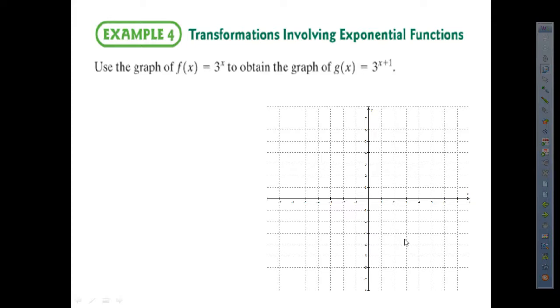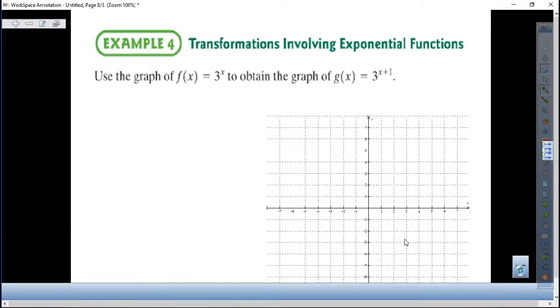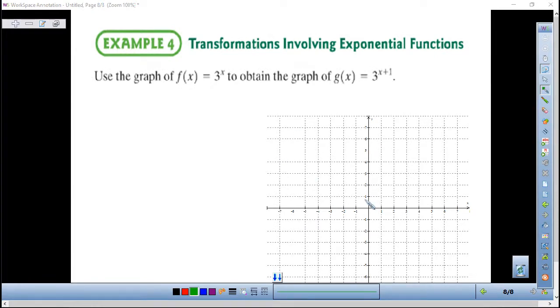All right, so if we were to graph f of x equals 3 to the x, I'll do that real quick. We got (0, 1), we got (1, 3), we got (2, 9), we got (-1, 1/3), (-2, 1/9), and you get the idea there.